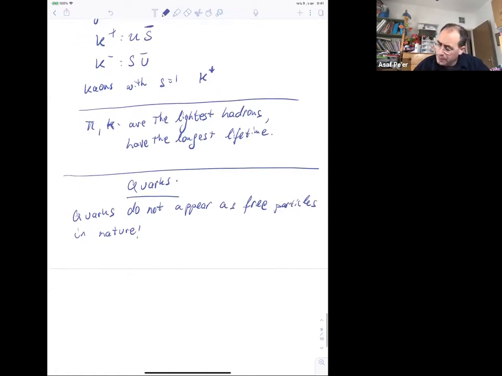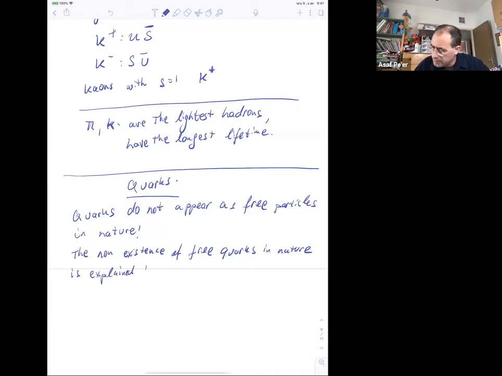So the non-existence of free quarks in nature is explained by the hypothesis of color confinement.